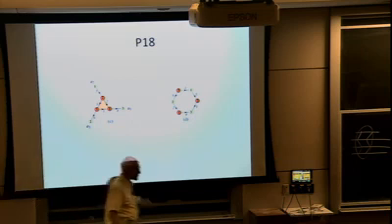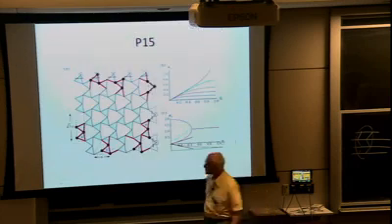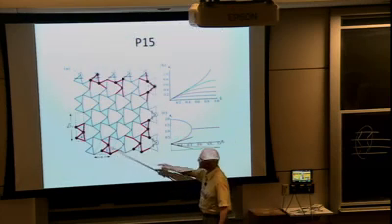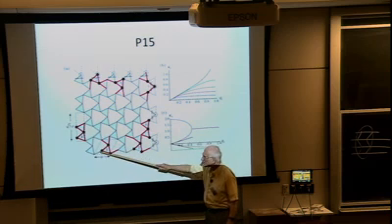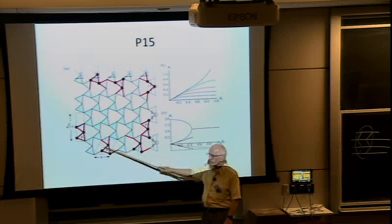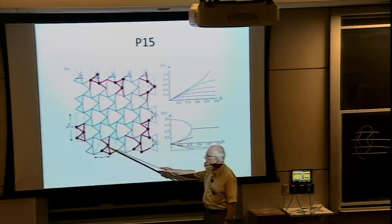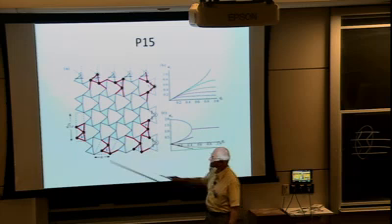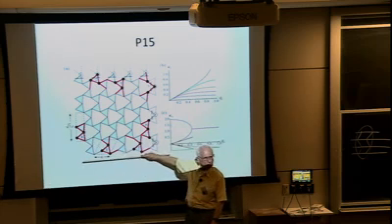But these are not compatible with the surface. So you want to choose unit cells that are compatible with the surface, which means that all of the bonds and all of the sites lie within the surface, and I don't have things dangling out at the end that aren't there. So this unit cell is perfectly good. This is a perfectly good unit cell. This is a perfectly good unit cell. And you want to choose the unit cell so that it matches the boundary.